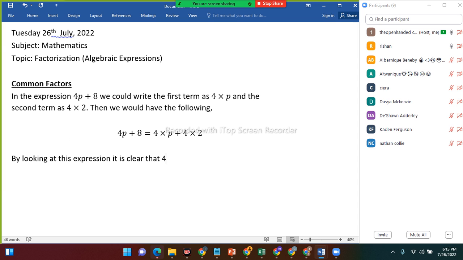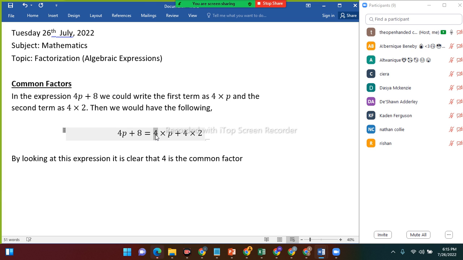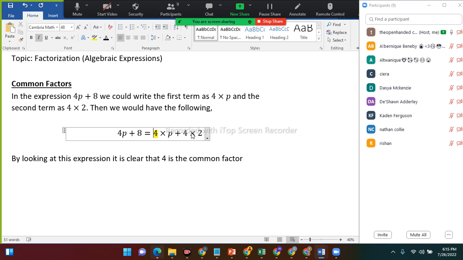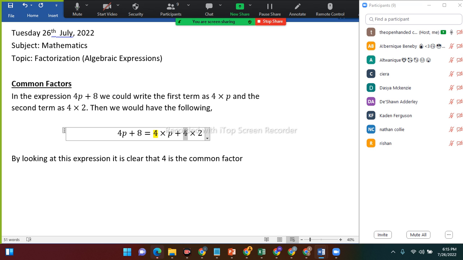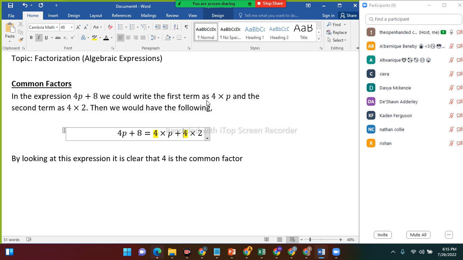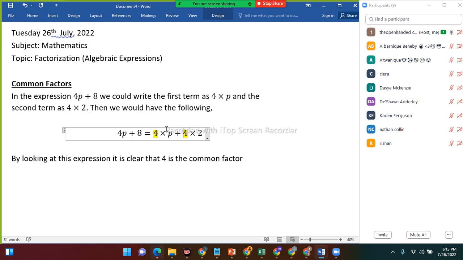It is clear that 4 is the common factor. The reason why 4 is the common factor is because notice that we have 4 in this term, and we also have 4 in the next term. 4 is in 4 times p, and 4 is also in 4 times 2.